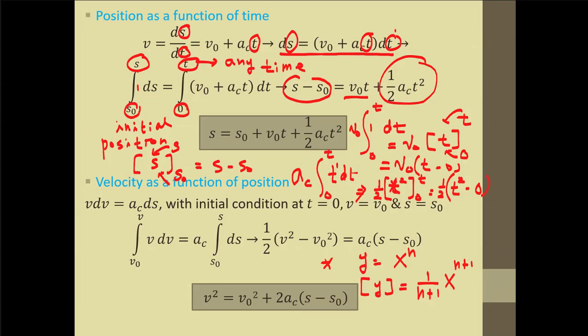S, that is the final position, equals initial position plus initial velocity times time t plus 1 over 2 a t squared. In physics, instead of s, we used x. X final, remember? Let me write it down here: x initial plus initial velocity times time t plus 1 over 2 a t squared.